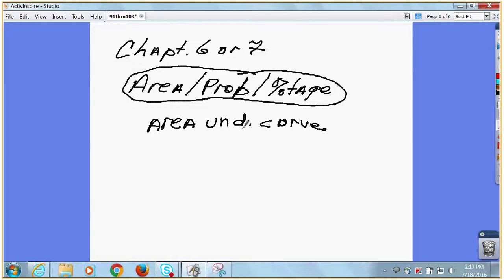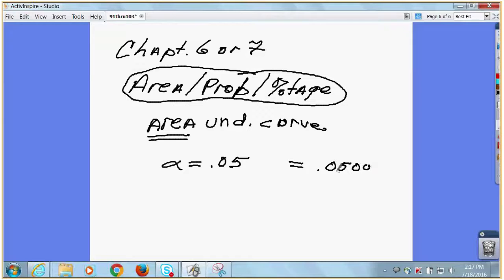In this section, chapters 9 and 10, instead of calling it area, probability, and percentage, we're just going to stick with the word area, and we're going to call it alpha. Alpha is area. So if alpha is equal to 0.05, that means you're looking for an area of 0.0500.